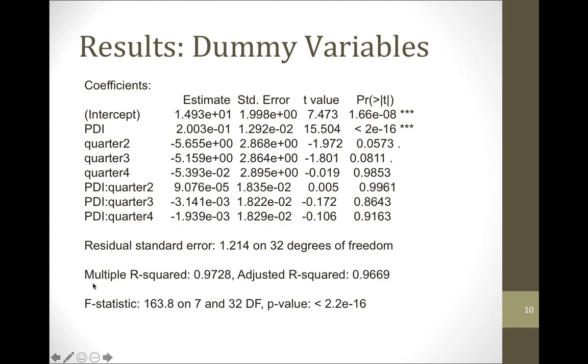And here we have a very high value of R-square. We have 97.28% variance explained by the whole model, the predictors included in the model. And our F value is here.